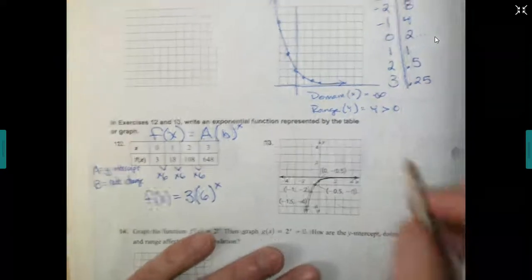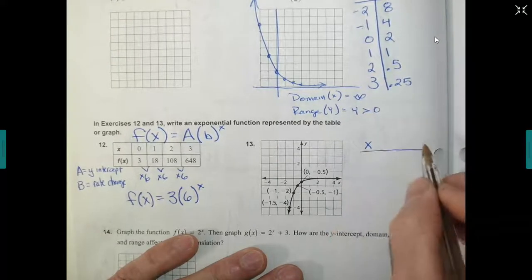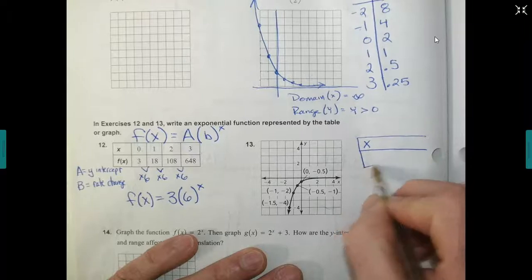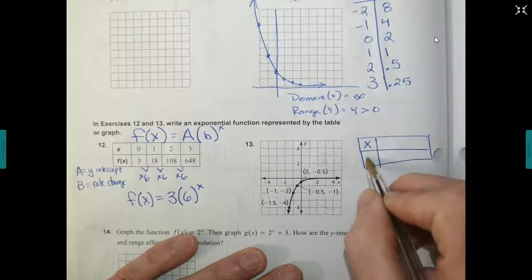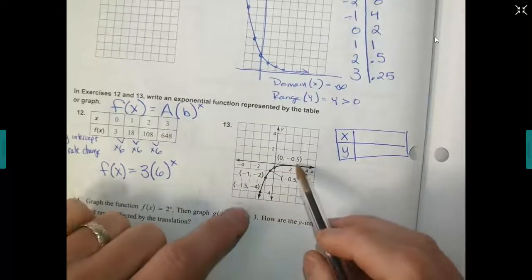So take this, make a table, and if you want to make a table the same way, you do your x's and your y's, or your f of x, and you write them in. I would go in order.